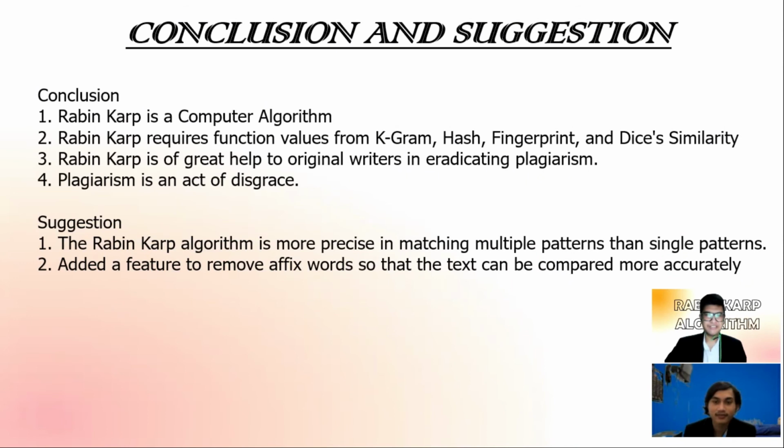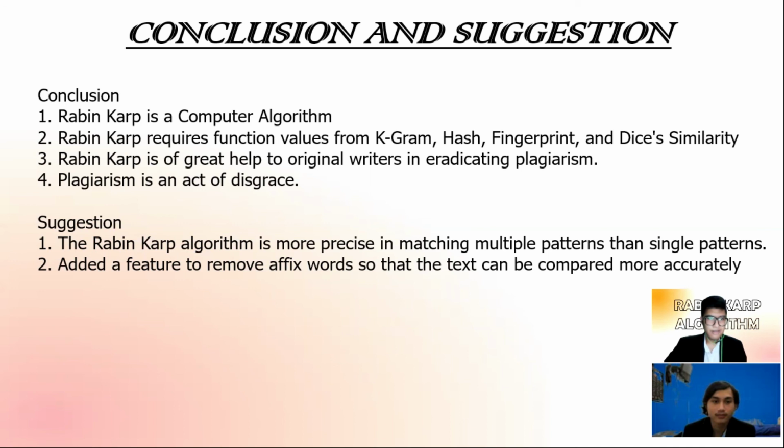Conclusion and suggestion. Our conclusion: first, Rabin Karp is a computer algorithm. Second, Rabin Karp requires function values from Kgram, hash, fingerprint, and dice similarity. Third, Rabin Karp is of great help to original writers in eradicating plagiarism.